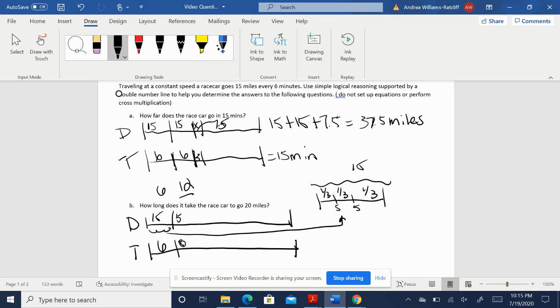So that must also be the same down here for time. If that's 15 miles, then this has to be 6 minutes. And breaking 15 down into 5s would be like breaking 6 down into 2s, okay, because we have thirds of that. So we have 6 minutes plus 2 minutes equals 8 minutes for that, okay?